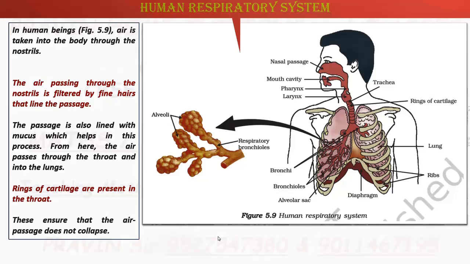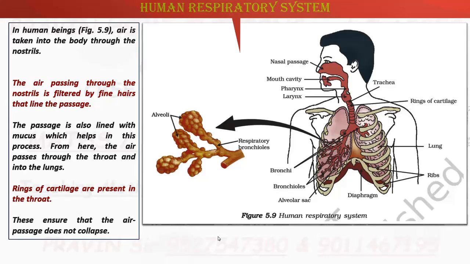Trachea. It is a long tube passing through the mid-thoracic cavity. It maintains the flow of air. Bronchi. The trachea divides into left and right bronchi. Bronchioles.